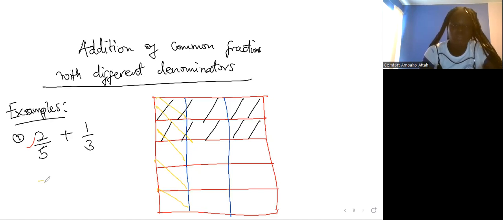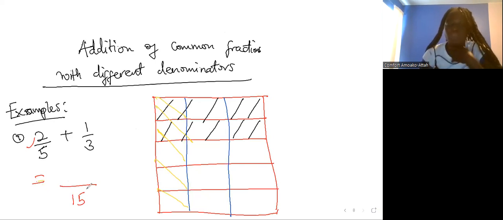The same thing as we did in our previous examples. The total number of divisions becomes your denominator. So 1, 2, 3, 4, 5, 6, 7, 8, 9, 10, 11, 12, 13, 14, 15. So in all, we have 15 divisions. Okay. Then how many shaded portions? We have 1, 2.